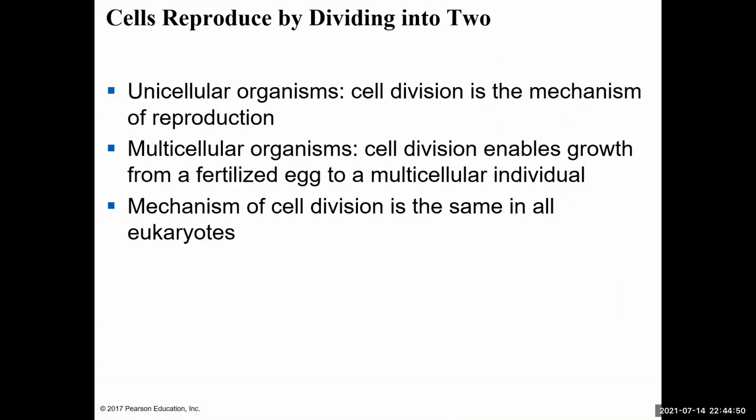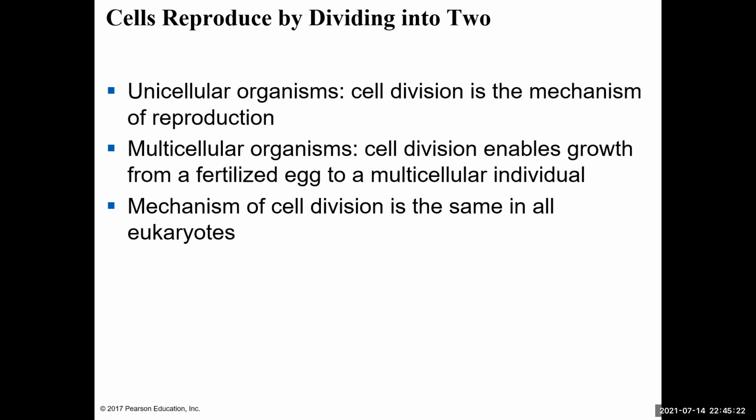All right, so to get started, cells reproduce basically by dividing themselves in two. So we talked about unicellular organisms and multicellular organisms earlier on in the semester. Unicellular organisms, like your prokaryotes, reproduce through cell division. So cell division is basically the only way they can reproduce.